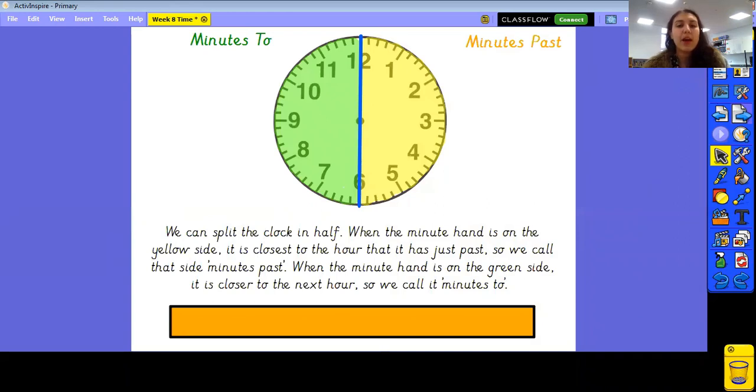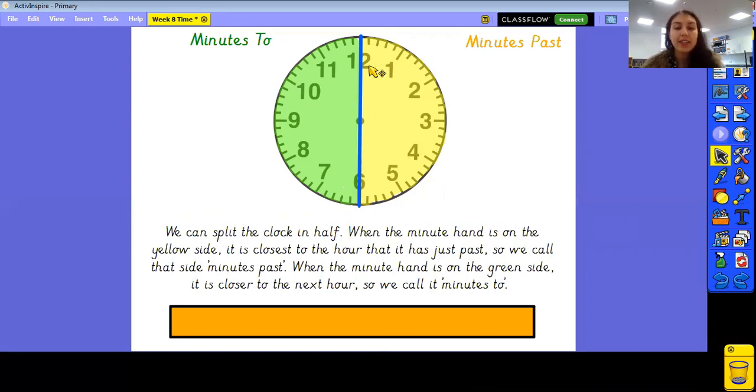So we can split our clock in half, and you've seen that with our o'clock and our half past marks. Down that line, we can split our clock in half. Remember, half means 2 equal parts. So when the minute hand, that big blue hand, is pointing to a number on the yellow side, this side here on the right, it's currently closest to the hour that has just been, so the o'clock. So because it's closer to the hour that it has just gone past, we say minutes past, okay?